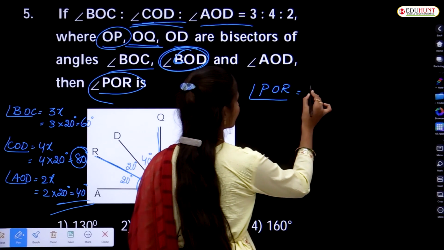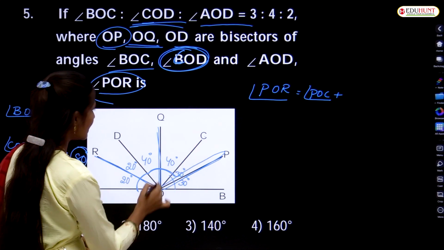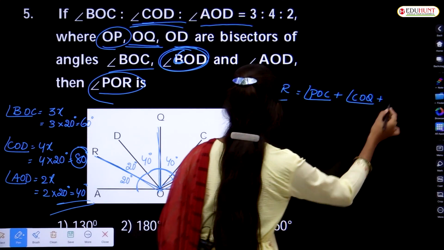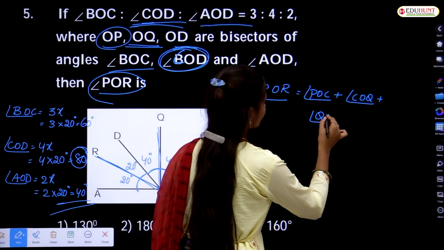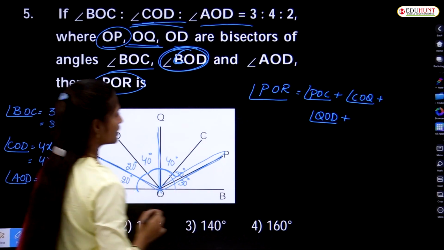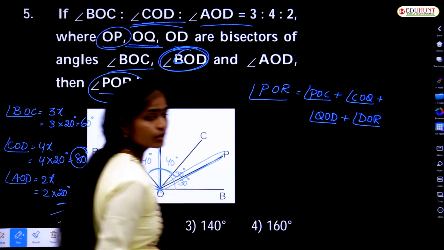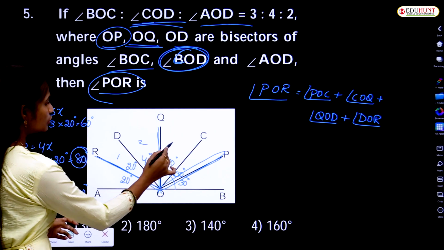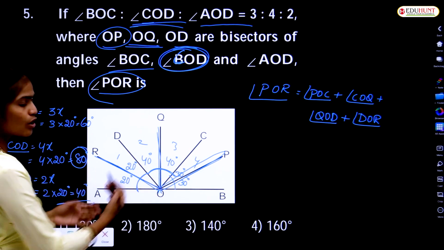Angle POC plus angle COQ plus angle QOD plus angle DOR. Okay, so how many angles are there in between POR? 1, 2, 3, 4 angles are there. Okay, now we have to add all these angles.